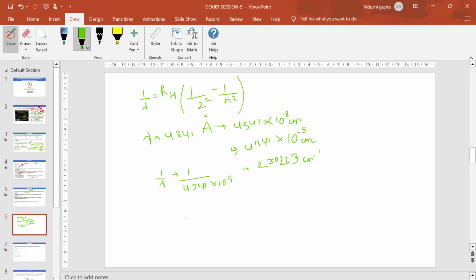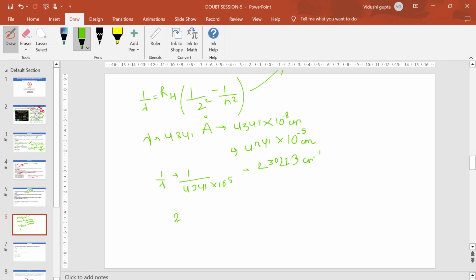So now this value we will substitute here. So it is 23032.3 equals to 109678 into 1 upon 2 square, that is 4, minus 1 upon n square.